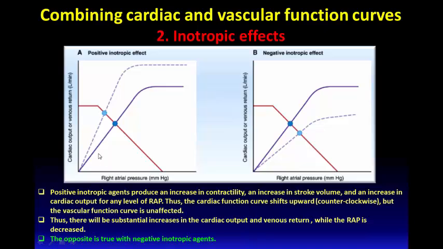The opposite is true with negative inotropic agents. This is the new operating point with the negative inotropic effect of the negative inotropic agents, where we have substantial decreases in both the cardiac output and the venous return, while the right atrial pressure is increased.